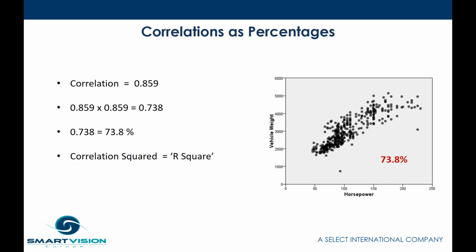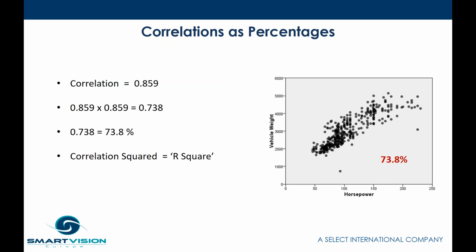So 0.4, 16%, 0.5, 25%, 0.6, 36%. You have to get up to 0.7 before you're explaining almost half of the variation in the other variable, 49%. So as soon as you start getting above 0.7, there's quite a big overlap in terms of the variance in one variable accounted for by the other variable.